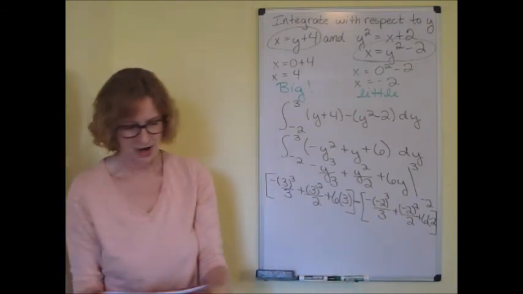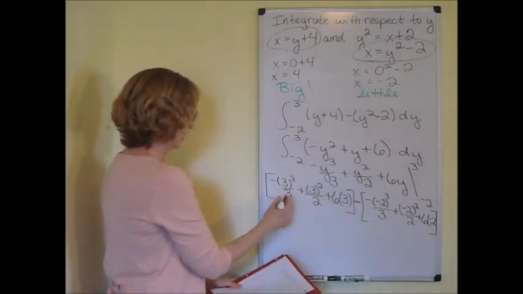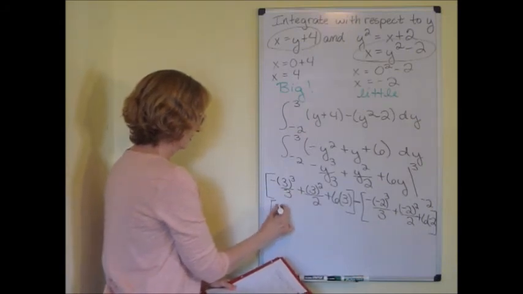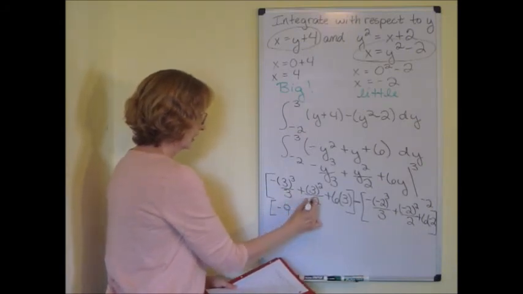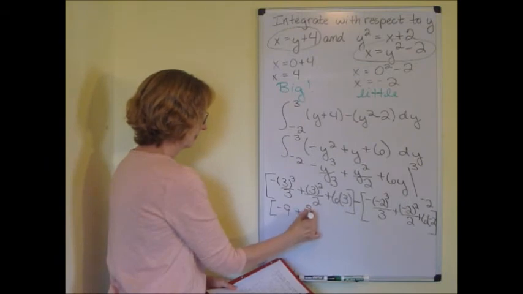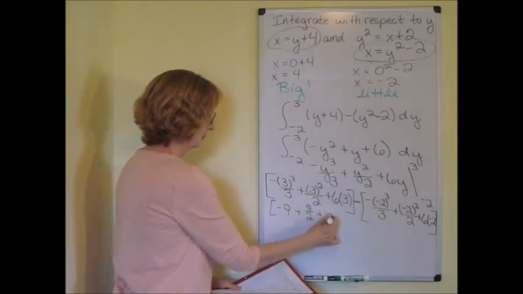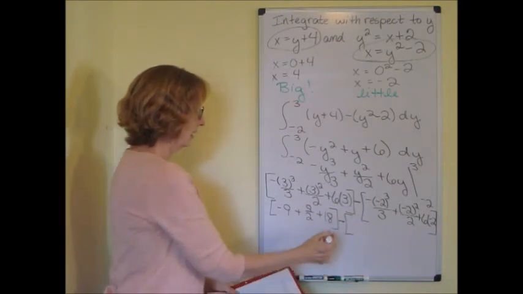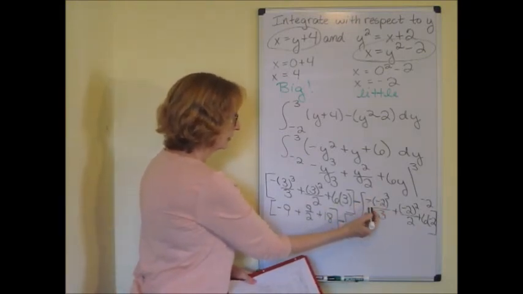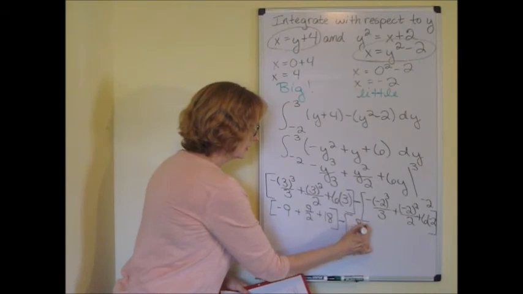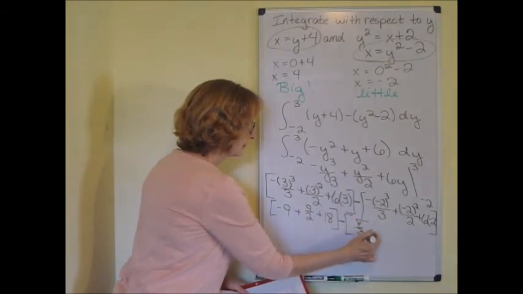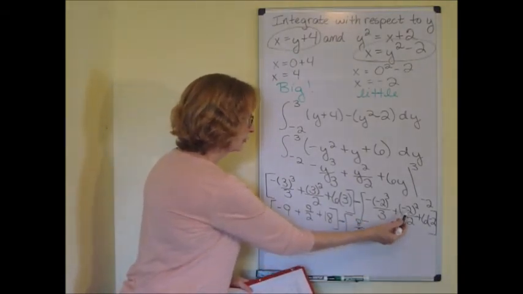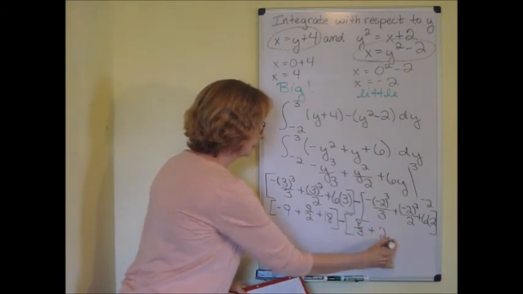Start to use our calculator now. This ends up being a negative 9 plus 9/2 plus 18 for the first part. Negative 2 cubed is negative 8. This is going to end up being a positive 8/3 here. Plus, that's 4 over 2, which is just 2.